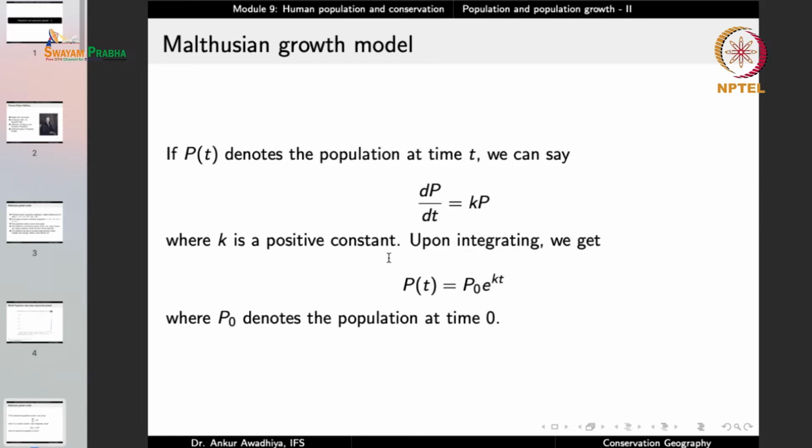And here k is a positive constant, and if we integrate both the sides, we get P at time t is equal to P0 into e to the power kt, where P0 denotes the population at time 0.